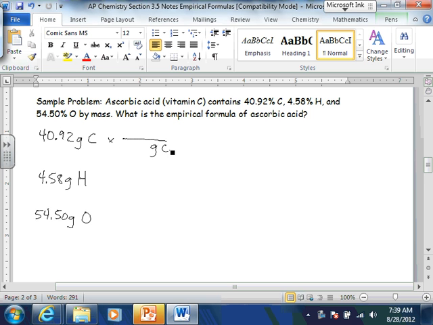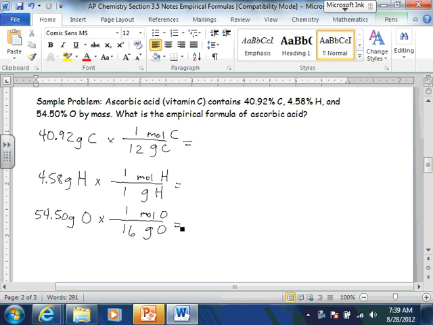So we're converting these, and again, we're just using our same molar masses we used before. I like carbon, hydrogen, and oxygen. They're easy. And a lot of times these empirical formula analyses will involve those.